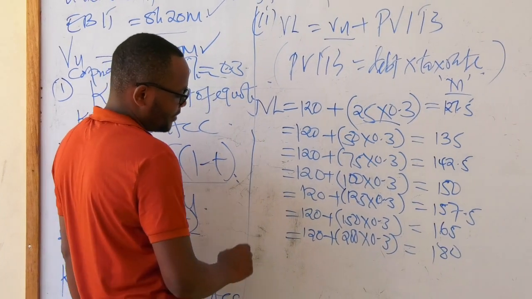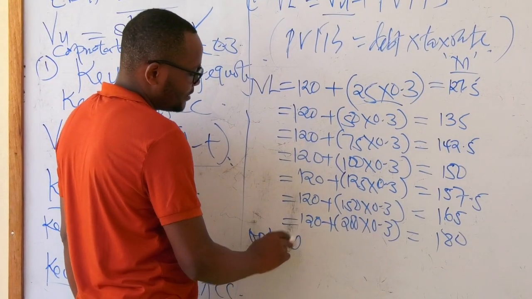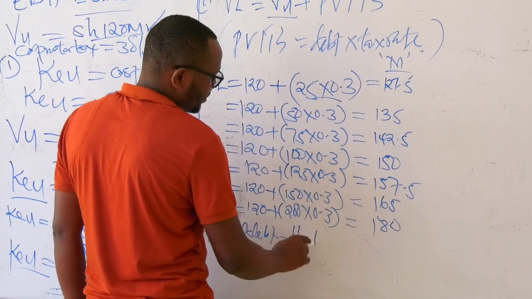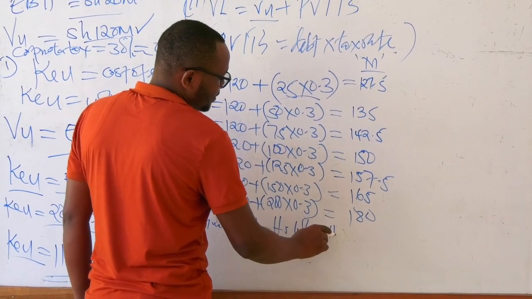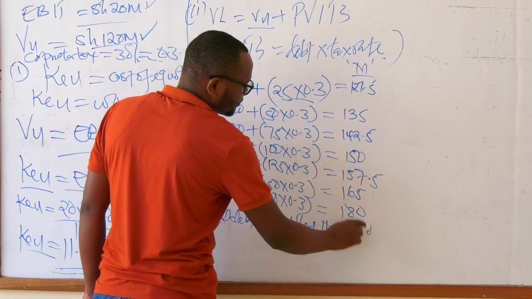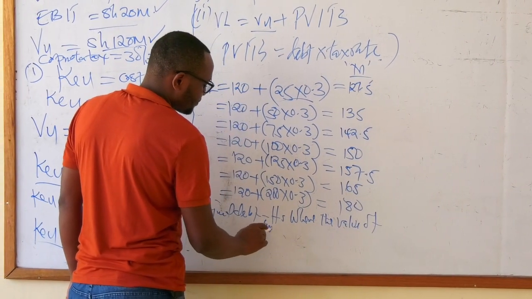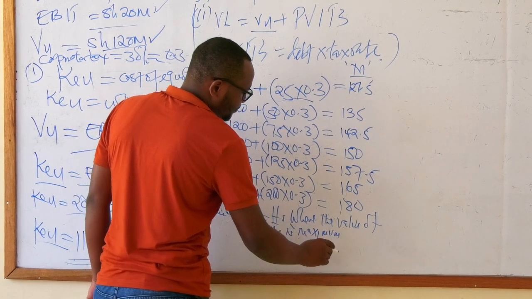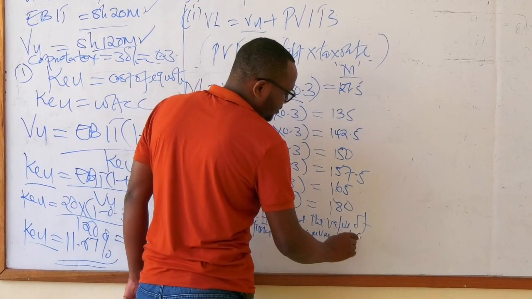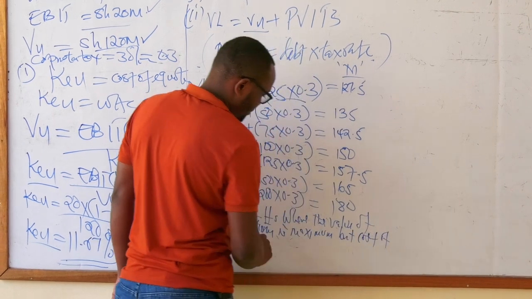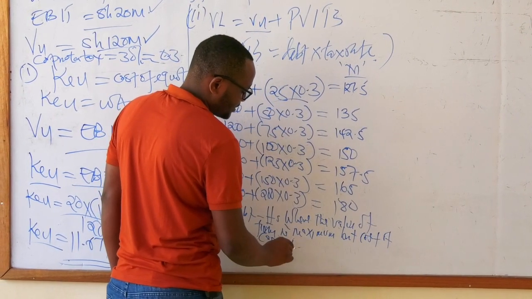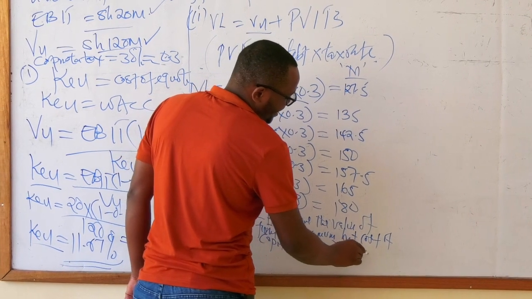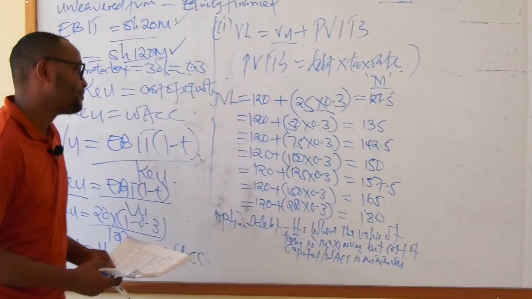Most of the time we say the optimal debt is where the value of the firm is maximum, but the cost of capital, sometimes we call WACC, is minimum. That is what we call the optimal value of the firm.